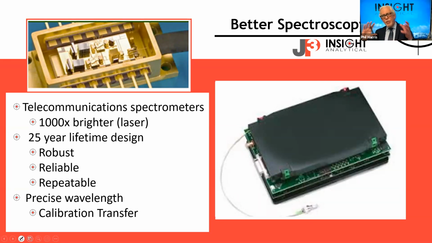So JP3 took the core technology of that, and said, great, now let's implement it and use it in hydrocarbon measurement. It gave them a long mean time between failures, really bright light sources, so again, now we can see through these dark crudes. And every spectrometer comes out with an internal wavelength calibration that makes it so you can really transfer models very well from one spectrometer to the next.